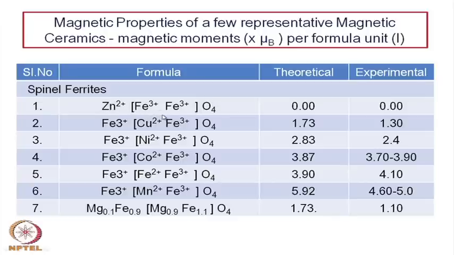Although it is called zinc ferrite, it does not have a magnetic property, because it is not an inverse spinel, it is a normal spinel, and zinc is outside and the 2 Fe3+ are inside. So, there is hardly any interaction between this side and this side. So, although they have a net magnetic moment, the theoretical value is 0. They have an antiparallel orientation.